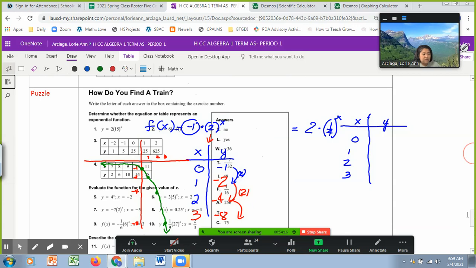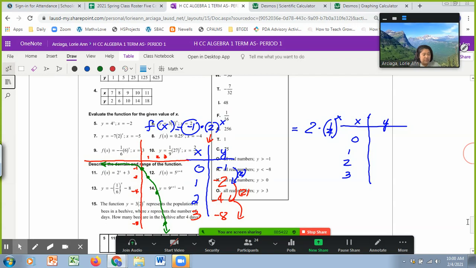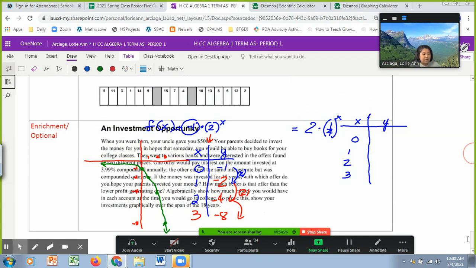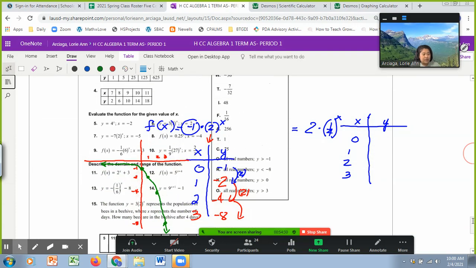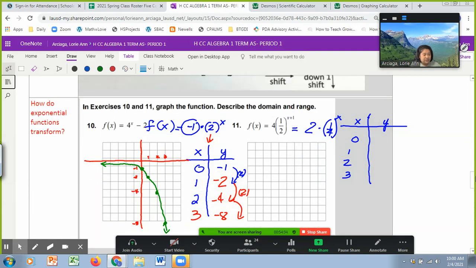The puzzle, you can do that already. Those are just simple graphing, except maybe number 11 through 14. That's the one we didn't cover today. And then enrichment at the bottom.